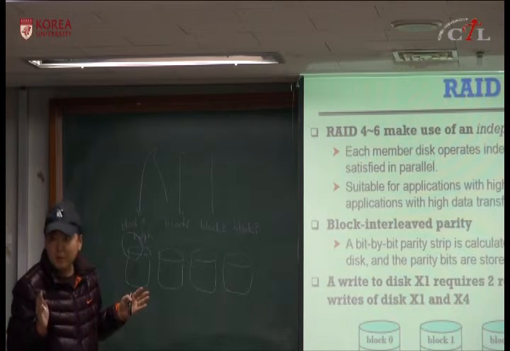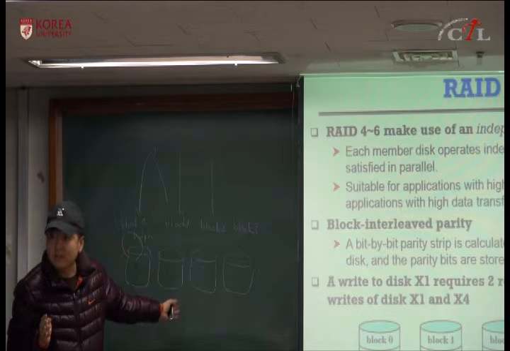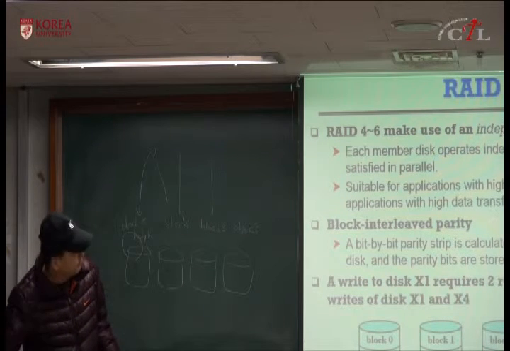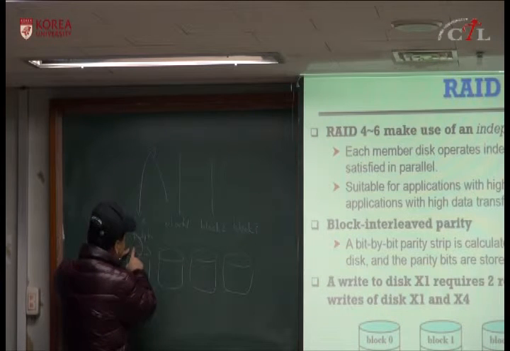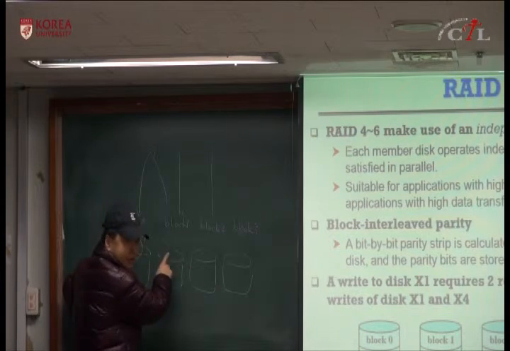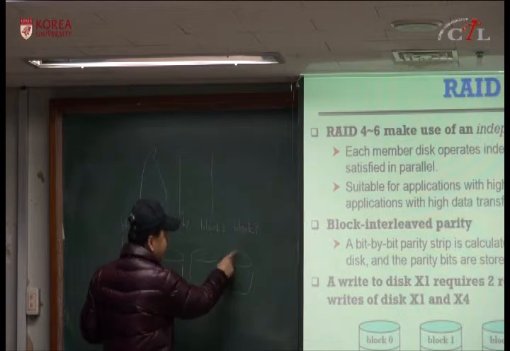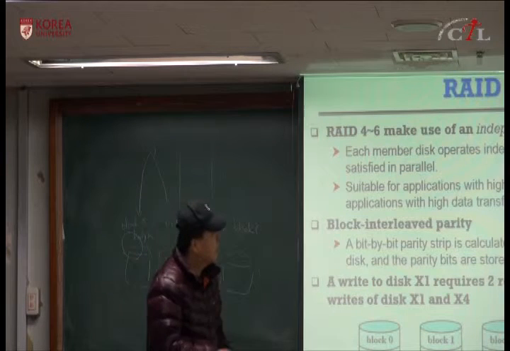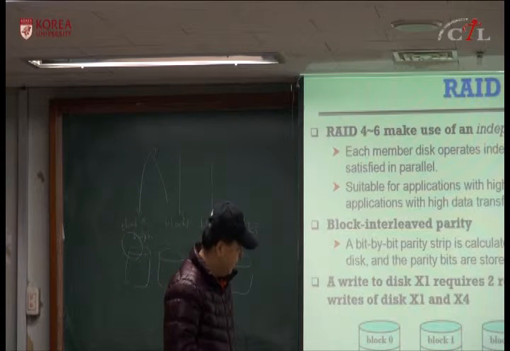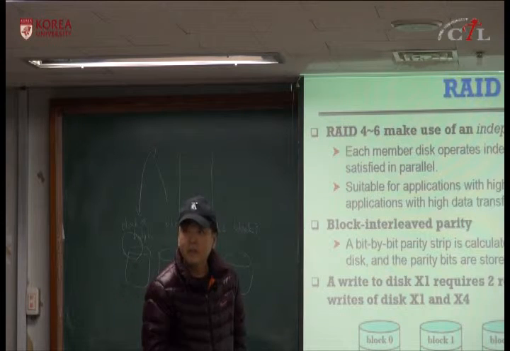If you remember computer architecture class, it's like interleaved memory organization. And for the parity, you can calculate bit 0 from the first block, bit 0 from the second block, bit 0 from the third block, and so on, then compute the parity and store it there. It's something like block interleaving, and it's called block interleaved parity.